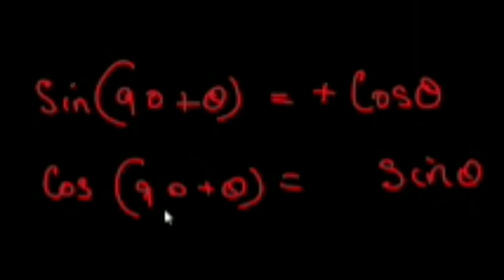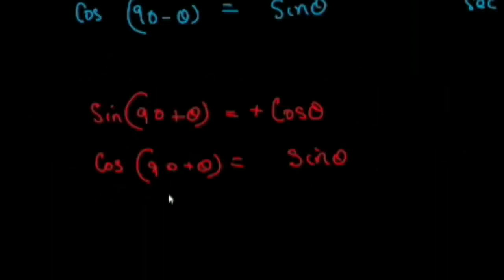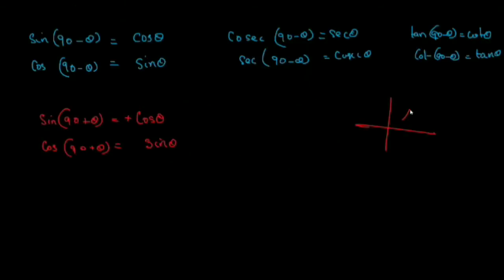Then which quadrant is 90 plus, you should check. Second quadrant. Cos is negative. So remember that all silver teacups always. A, S, T, C. Second quadrant, cos is negative. So cos should give a negative answer. So it is minus sine theta.